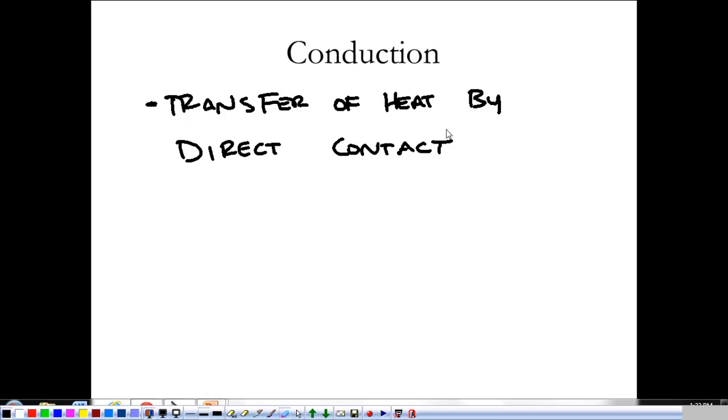Two objects have got to be touching for conduction to happen. That's how it works.